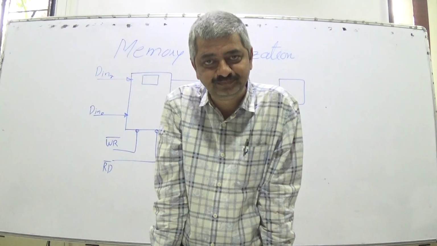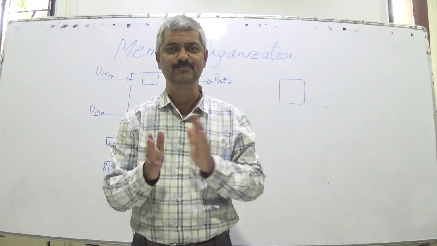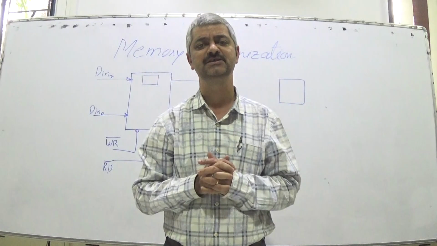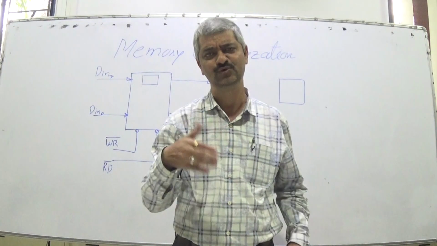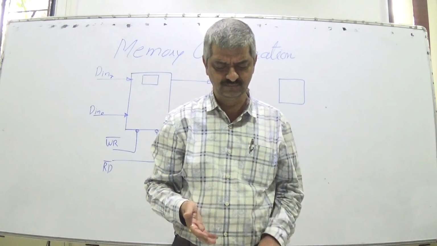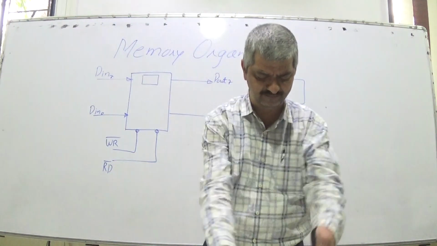Suppose now there is one A4 page. You want to write something, you want to use that A4 space. So what will you do? You bring that A4 page, write on one side, and put it at some place on your table.